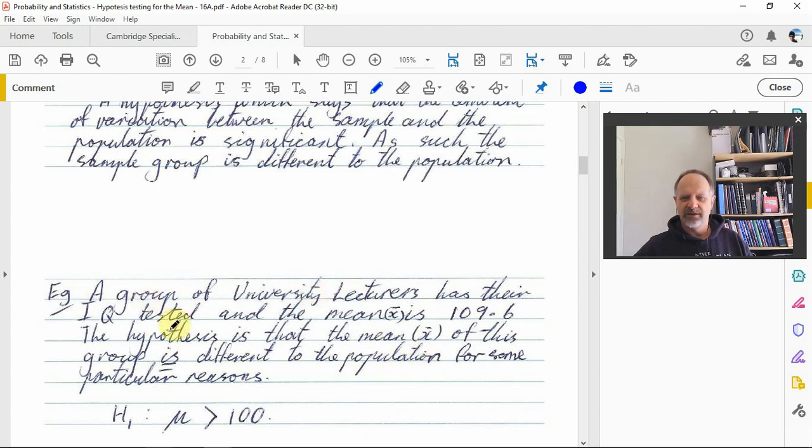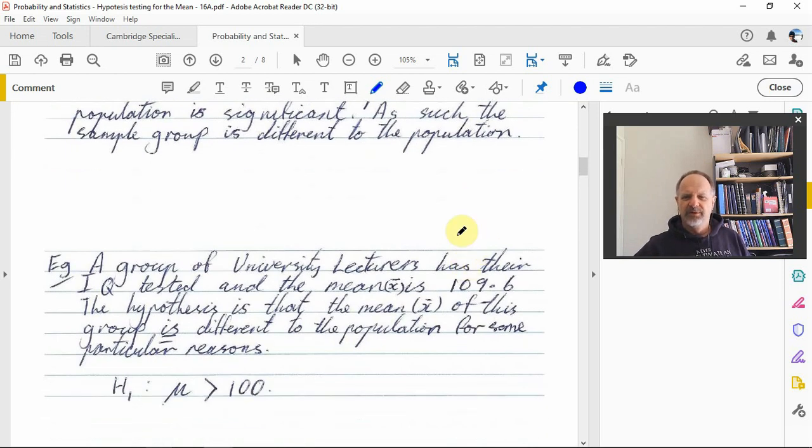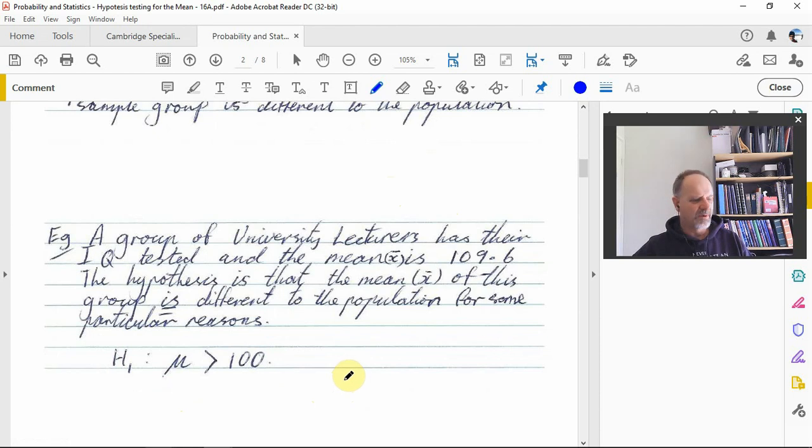The group of university lecturers is a sample of the whole population, and their IQ comes out to 109, which obviously is greater than 100. But you could still say that just happens to be that particular group at that time. You might test it another time, and so it's not significantly different. That would be the null. But then the alternative hypothesis, H1, is that no, this group of people, their mean is statistically different from the whole population.